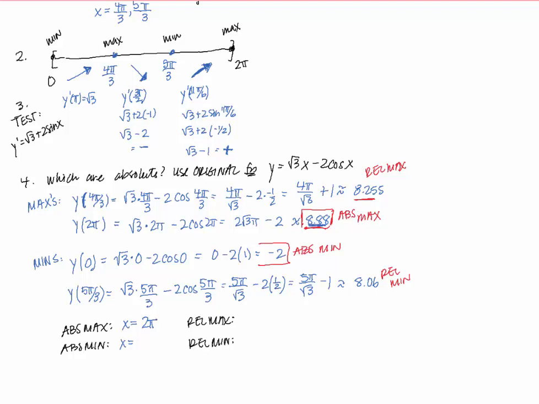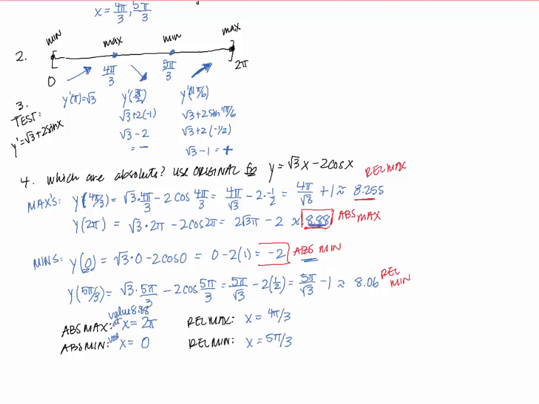The absolute minimum is at y equals 0, or x equals 0. The relative maximum happens when x equals 4 pi over 3, and we get a relative minimum at x equals 5 pi over 3. There are schools of thought that might say the absolute maximum value is 8.88, and that happens at x equals 2 pi.